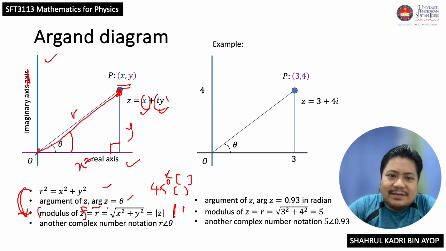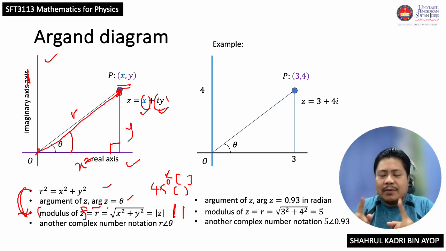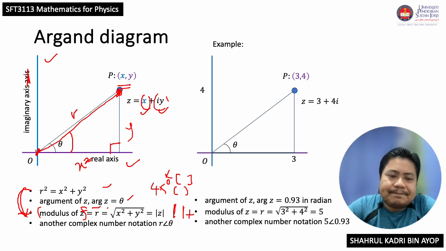Use this straight bracket to represent the modulus. The modulus of a complex number is always positive because it is a distance from the origin to the point.